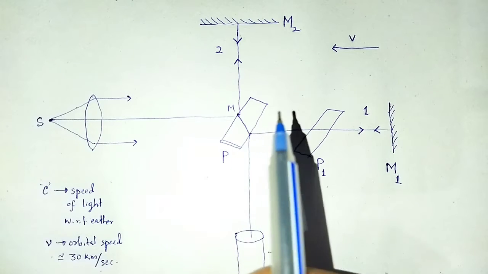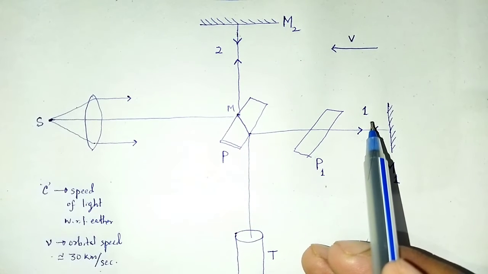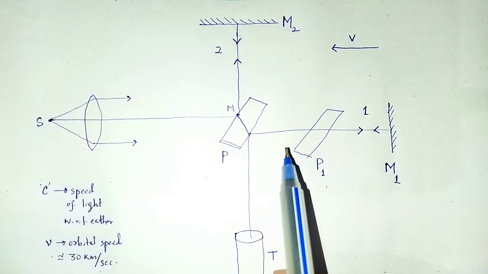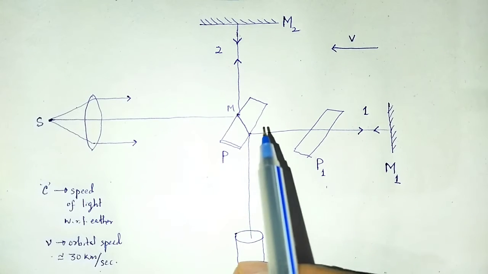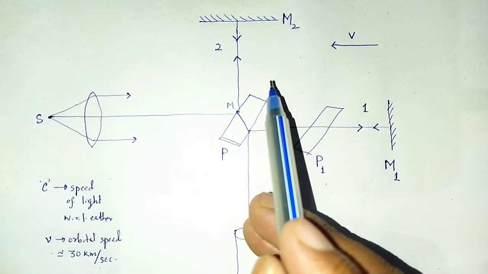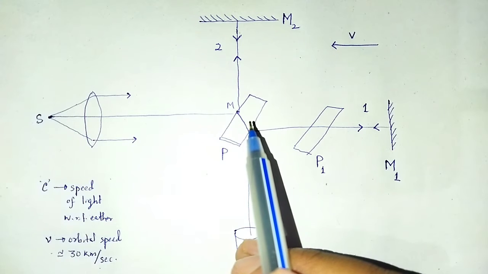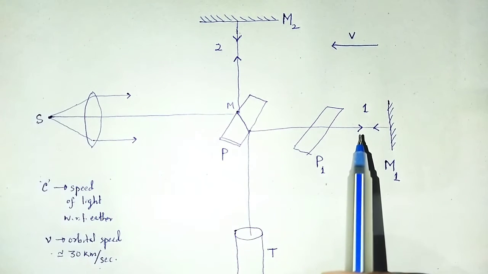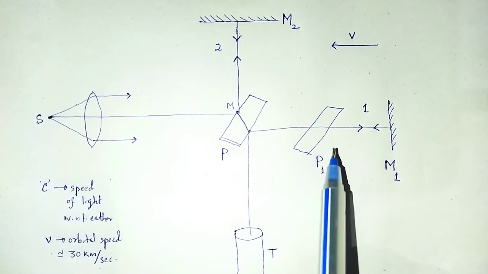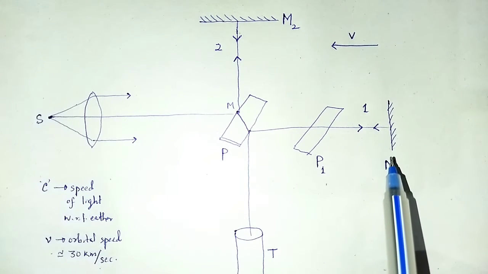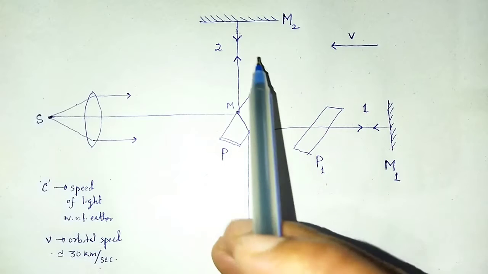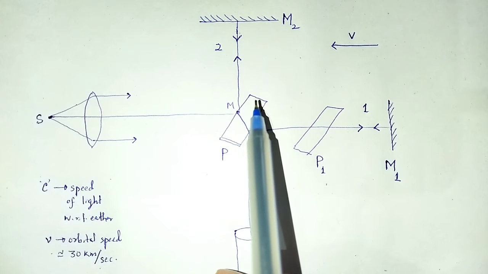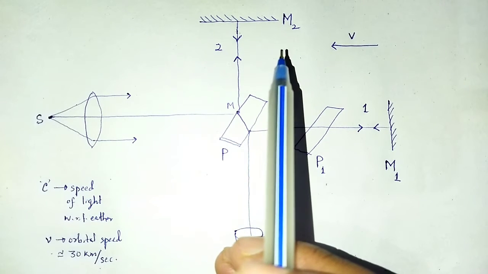Beam 1 is transmitted through P and beam 2 is reflected towards plane mirror M2. Beam 1 is reflected back by mirror M1, while beam 2 is reflected back by mirror M2.